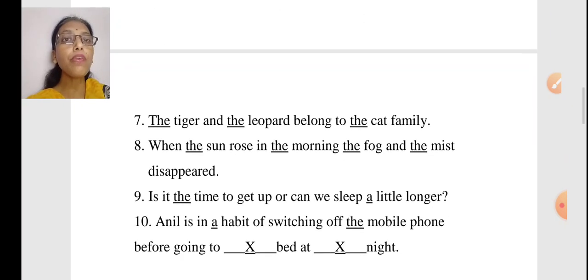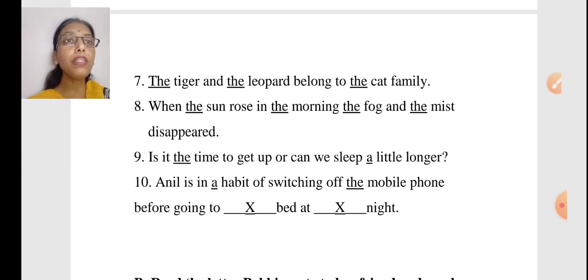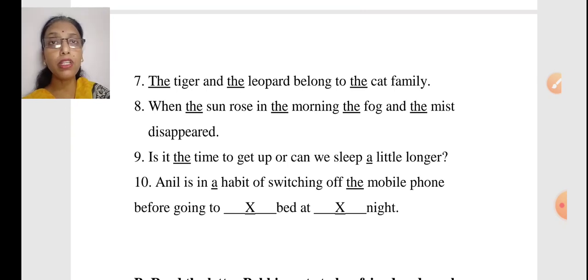Now moving to seventh. The tiger and the leopard belong to the cat family. So I'm talking about somebody in particular. Remember I said if I'm talking about a particular class or a particular kind. So I'm talking about first the cat family, because I'm talking about a particular family, the cat family.